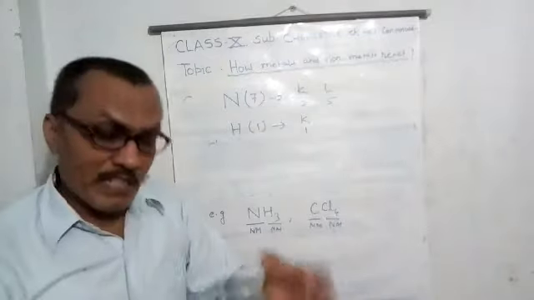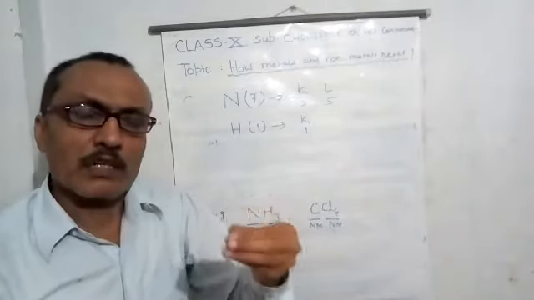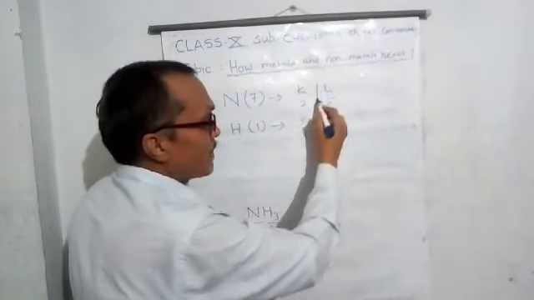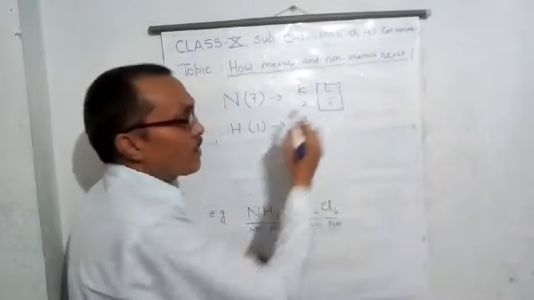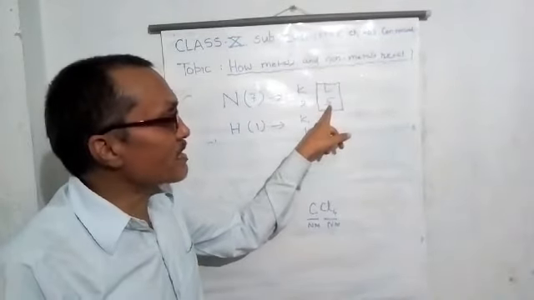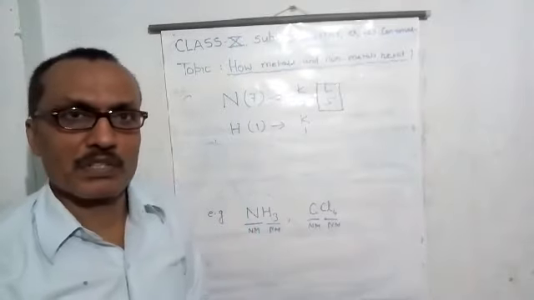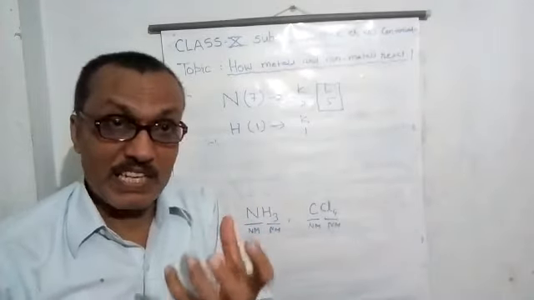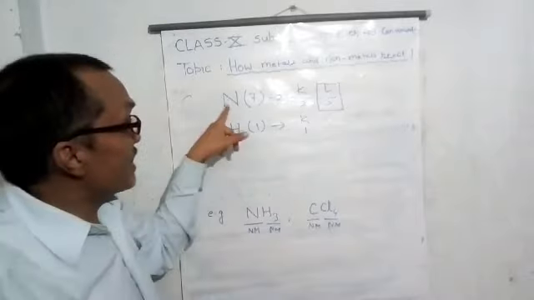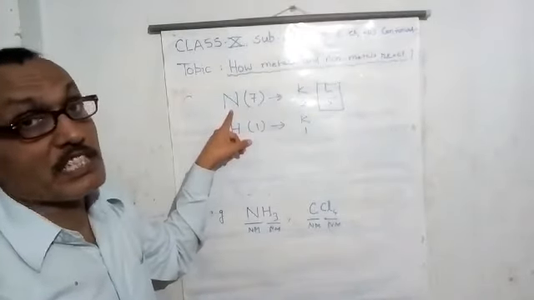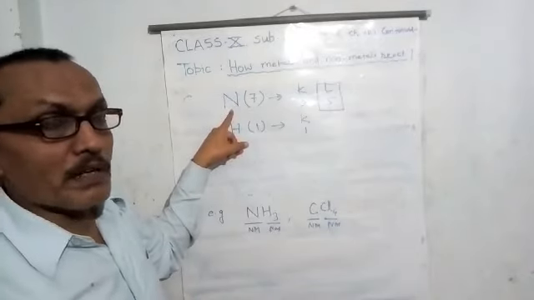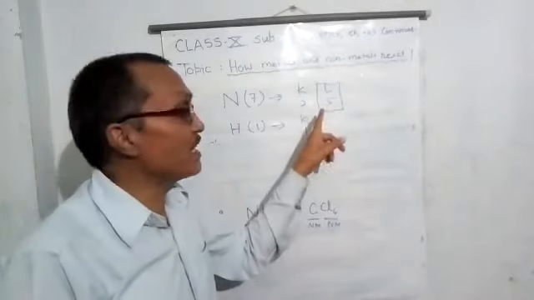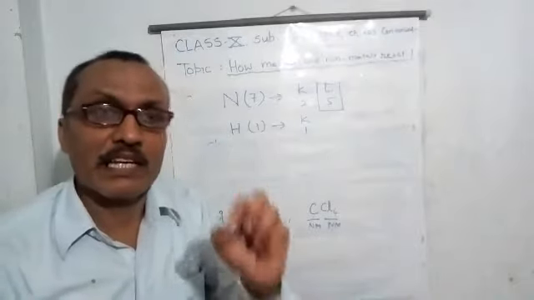Both of them require electrons to attain the nearest noble gas configuration. In nitrogen, the outermost orbit has 5 electrons, so to become stable it needs 3 more electrons, like its nearest noble gas, neon, which has 3 electrons more than nitrogen.